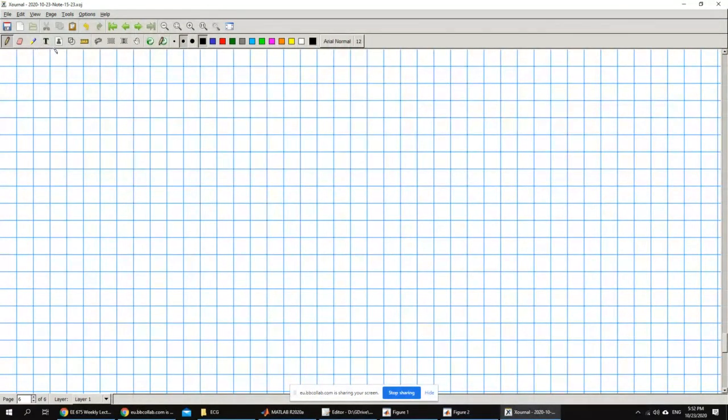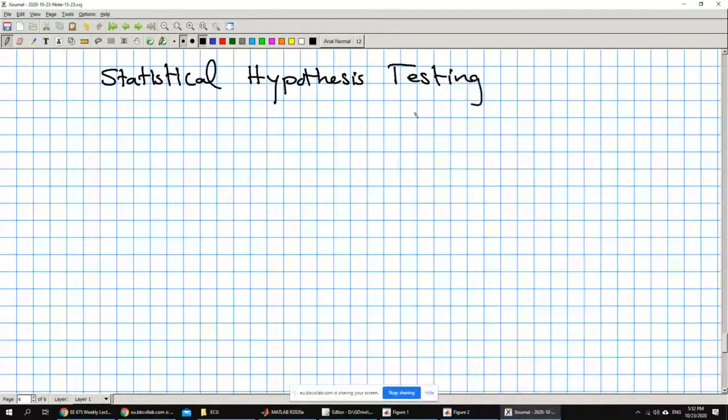Basically, statistical hypothesis testing: what we're going to do is we have two hypotheses, H0 and H1. You're talking about two samples. You have two data sets. Okay, you have data set 1 and you have set 2.